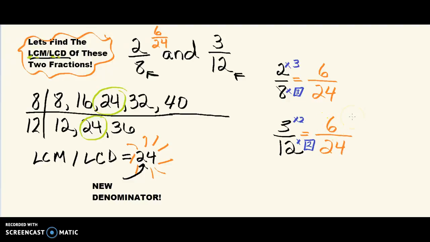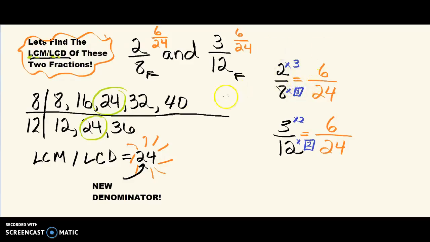How interesting is that? So both of them end up being 6/24. Of course, this does not always happen. A lot of times they are totally different, so I don't want you to think that this is going to happen all the time, but it does here, and that's okay.